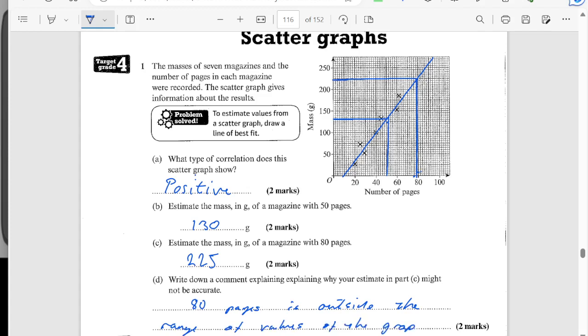What I mean by that is all of our crosses currently are below 80. The heaviest one that we've got looks like 61 pages. So if you're using a scatter graph to estimate outside the range of values, we bring in a possibility of error.